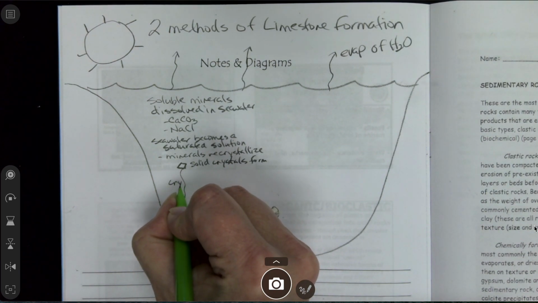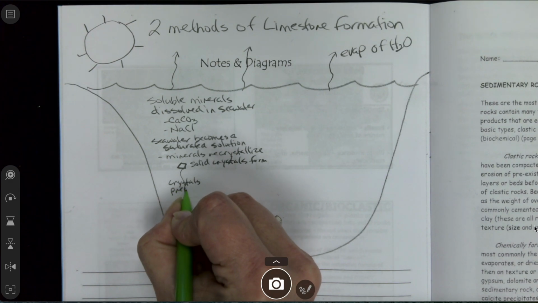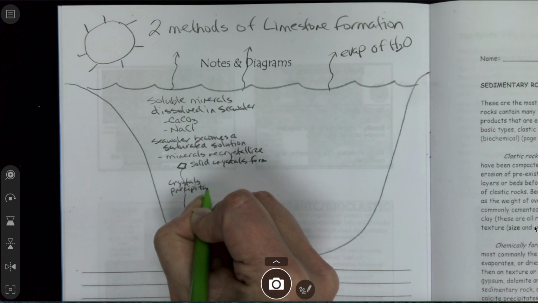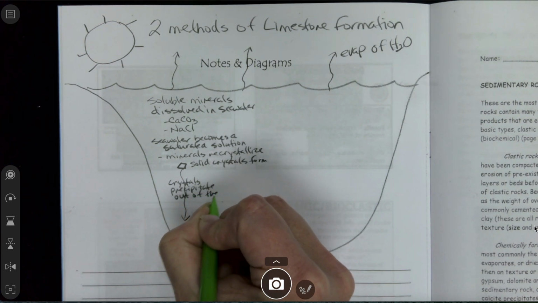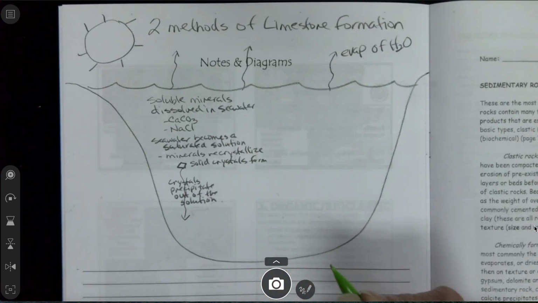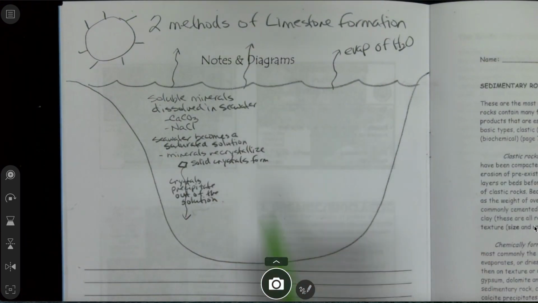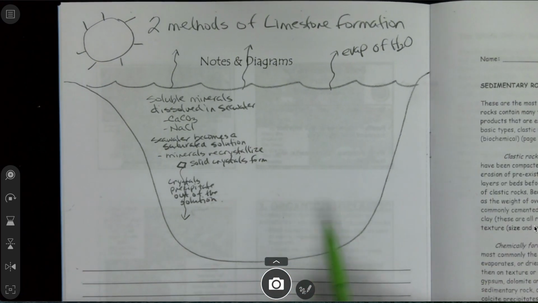So the crystals precipitate out of the seawater solution. All right? And as this happens, this limestone forms on the bottom of the shallow sea.